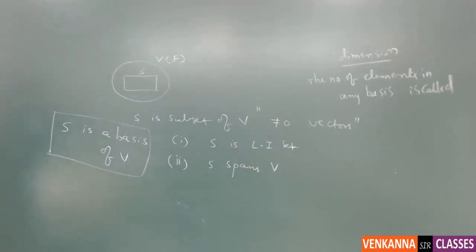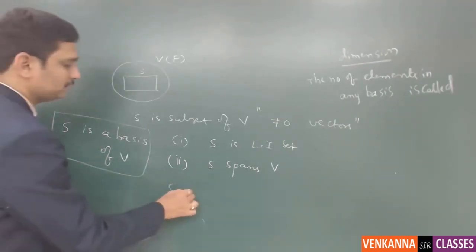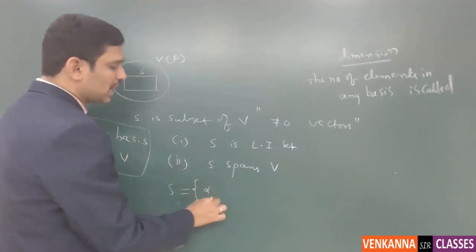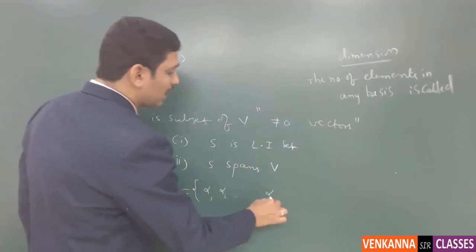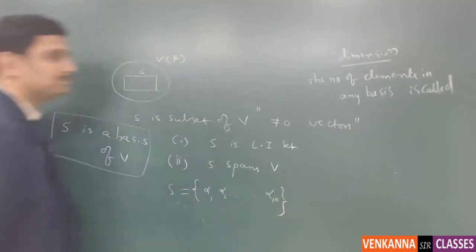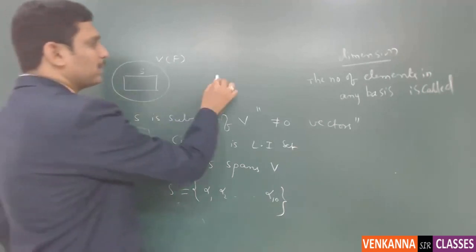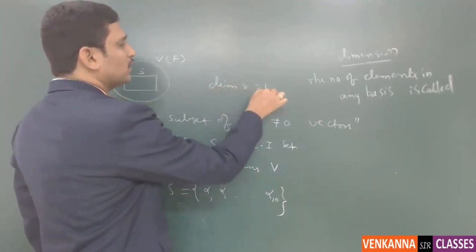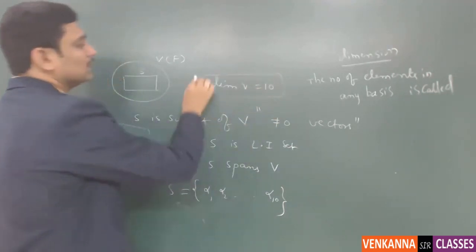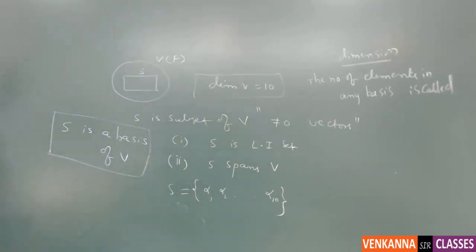Let me say, if I have taken a set S with the values alpha 1, alpha 2, and so on up to alpha 10, and this set satisfies the two conditions, then we say that S is a basis of V and the dimension of V is equal to 10, because S contains exactly 10 elements. So please take note of this definition.